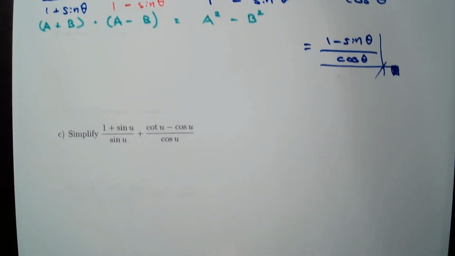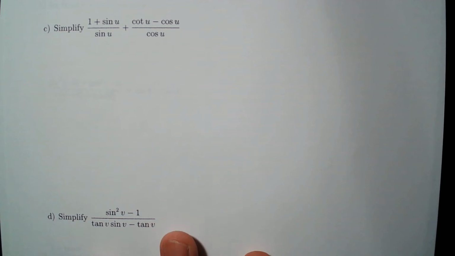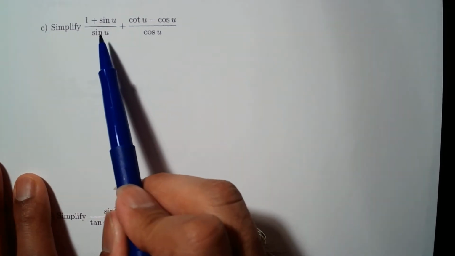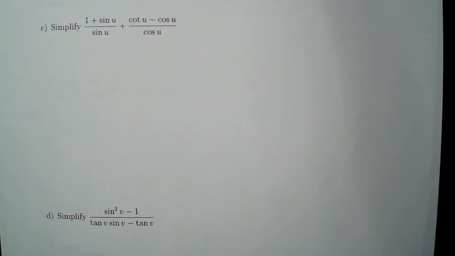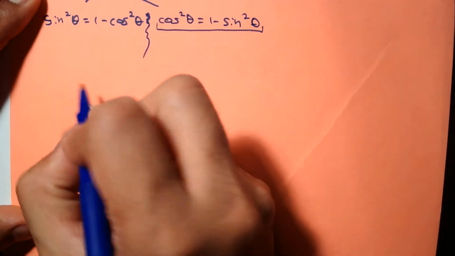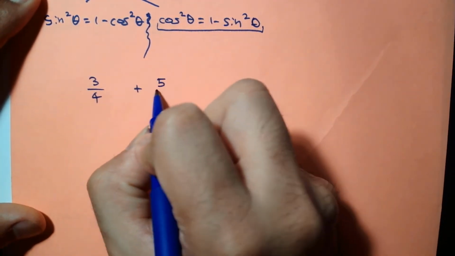All right, let's look at another example. Simplify 1 plus sine u over sine u plus cotangent of u minus cosine u over cosine u. Well, in this case, what are we going to do? You might recall what we used to do back in elementary arithmetic, like when we have 3/4 plus 5/3.